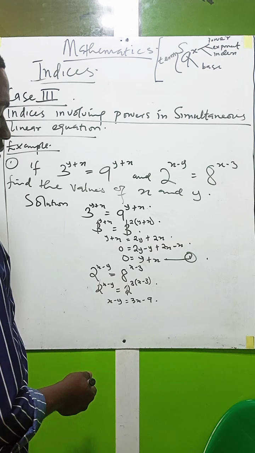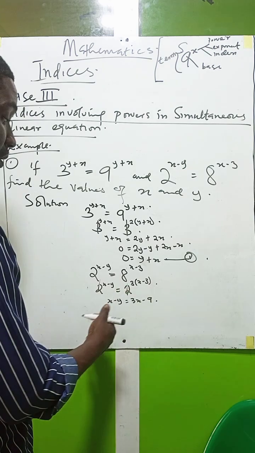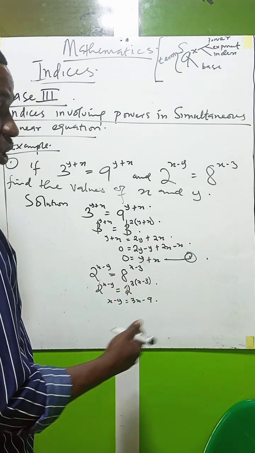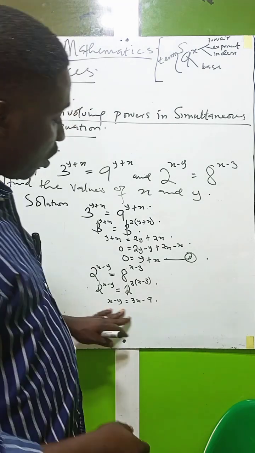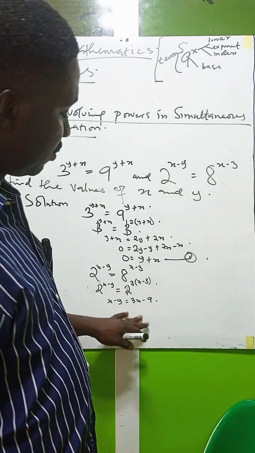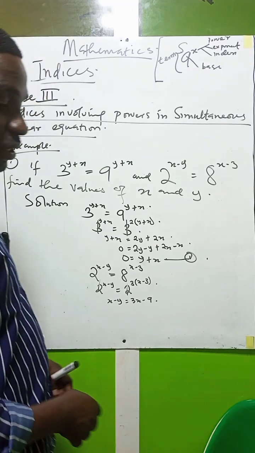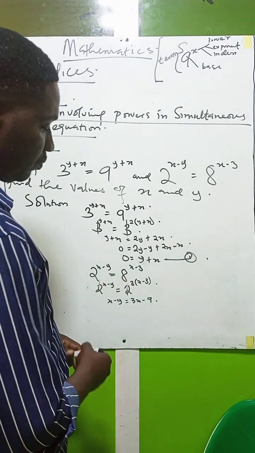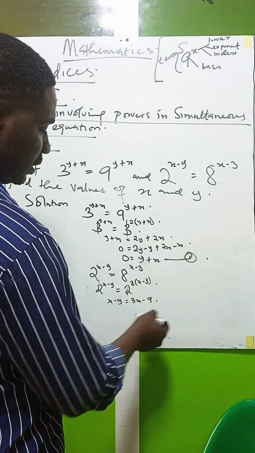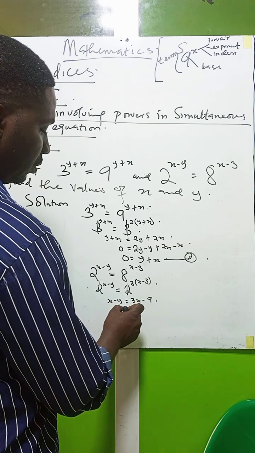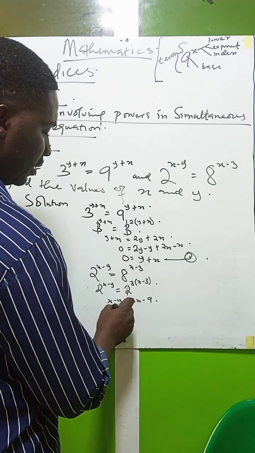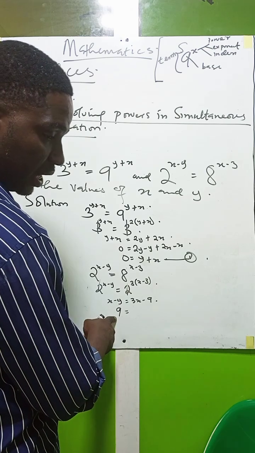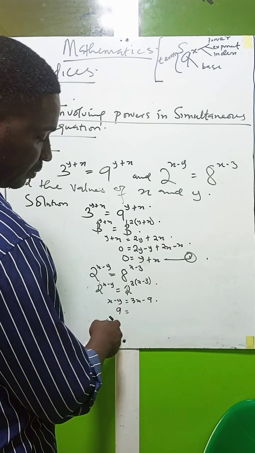You understand? It can be like this, you can bring this to the other side, but I always encourage my students to resolve whatever equation they have in such a way that they can avoid the minus sign. So we can bring this 9 to this side, making 9. This minus here comes here, it becomes ordinary 9.